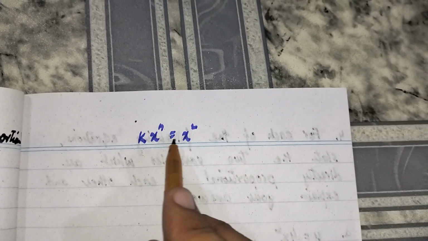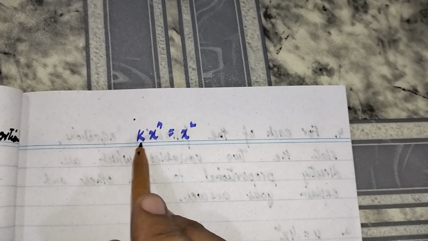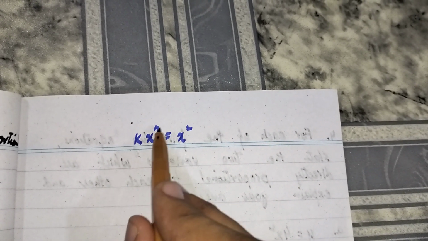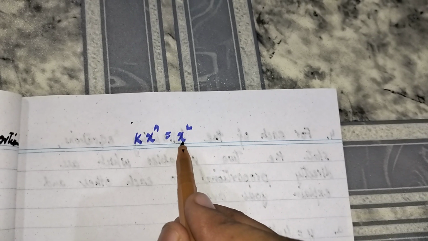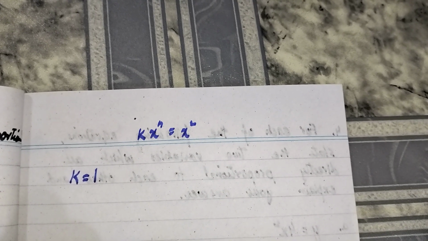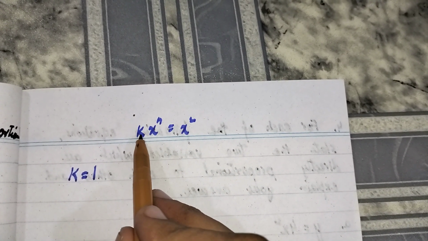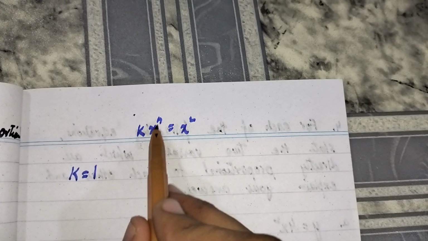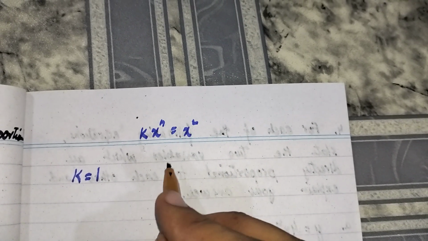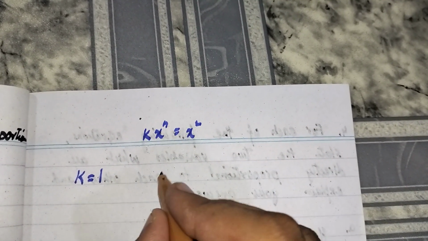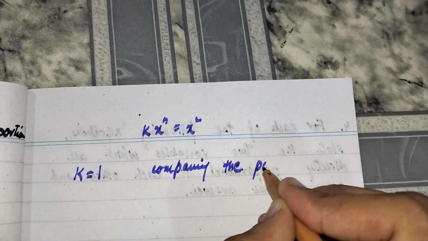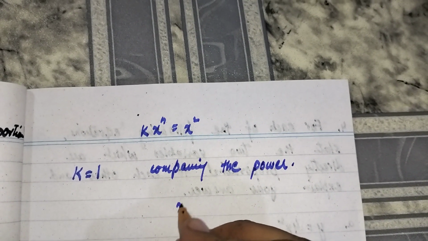Since both sides are equal, as we have the sign of equality, and x power n has coefficient k while here the coefficient is 1, it means that k is equal to 1, and as k is 1, here is also 1. As x power n is equal to x square, both having the same coefficients, if coefficients are the same, then their powers are equal. So by comparing the powers, n is equal to 2.